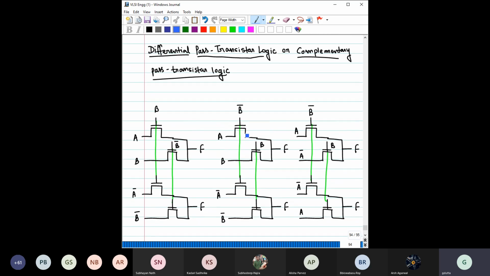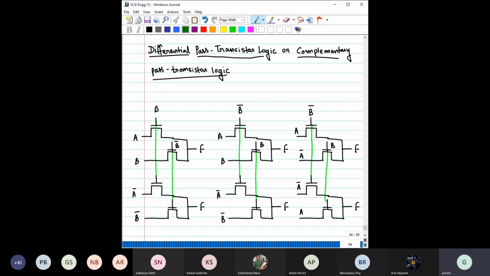That is differential pass transistor logic, or complementary pass transistor logic. These are not very different from what we have studied, but it basically says that you make some circuits where, if you are making AND, you will get NAND simultaneously.